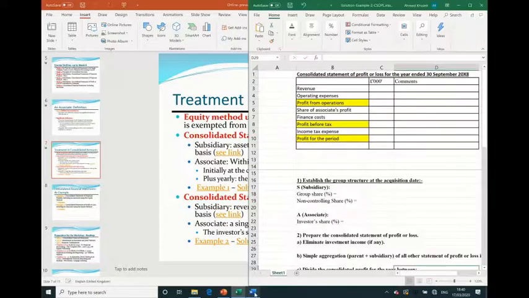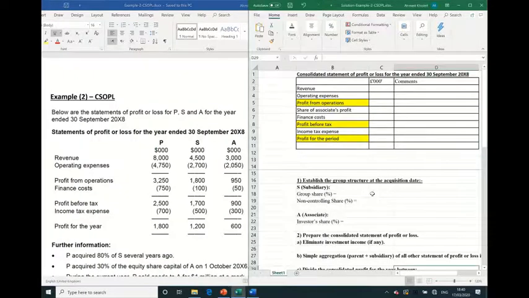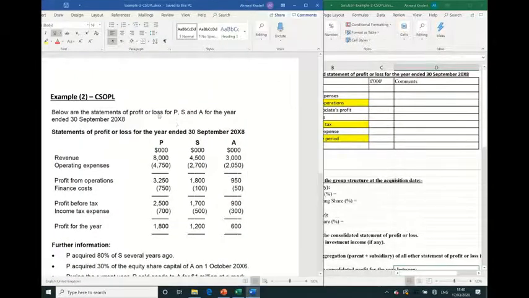The example that we have is example number 2, and in this example we have the statement of profit or loss for 3 companies, B, S, and A. B is the parent company, S is the subsidiary, and A is the associate.